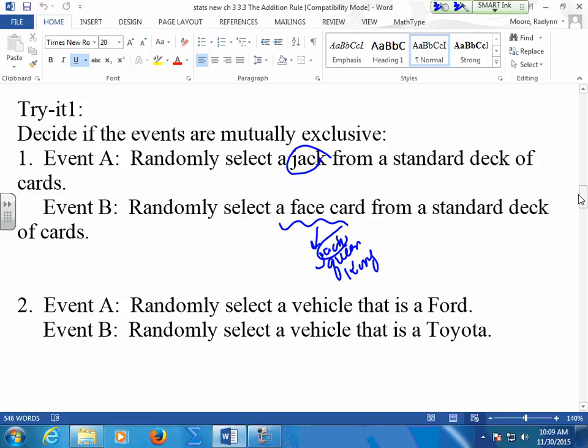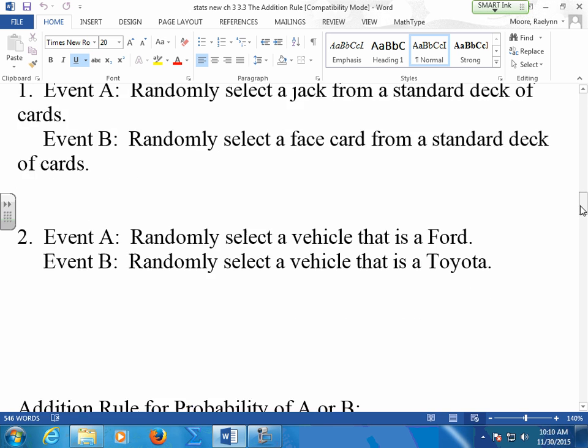So they are not mutually exclusive. Okay? Randomly selecting a vehicle that is a Ford and randomly selecting a vehicle that is a Toyota. Mutually exclusive. I can't select one vehicle and have it be a Ford and a Toyota, right? So far, Ford and Toyota have never merged together. One day they might, but not today.